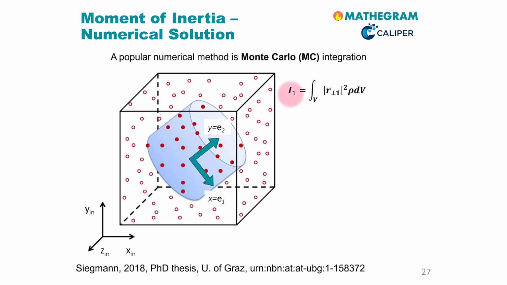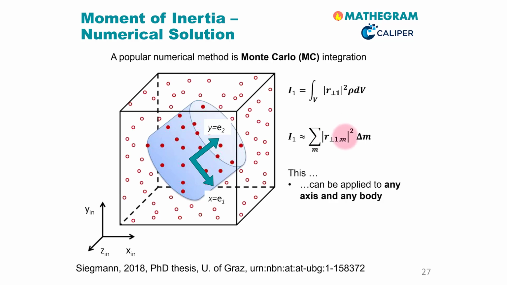So what we do now with a Monte Carlo integration, we approximate this integral here for the moment of inertia relative to an axis E1 by a summation over these tracer particles with mass delta m that are inside the non-spherical particle multiplied by this normal distance to the axis to the power of 2.